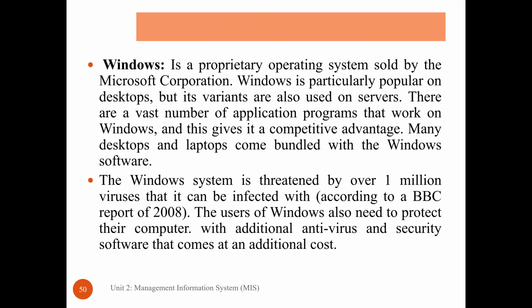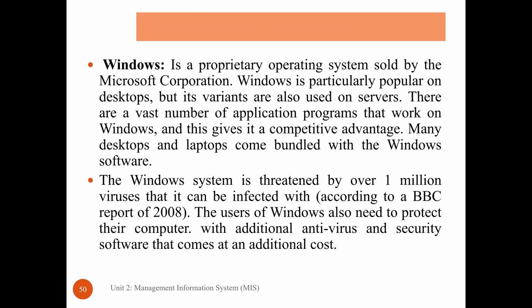Windows is also one type of operating system, which is sold by the Microsoft Corporation. Windows is particularly popular on desktops, but its variants are also used on servers. Windows is threatened by over 1 million viruses, so it can be infected.